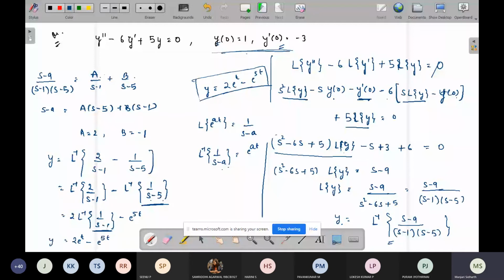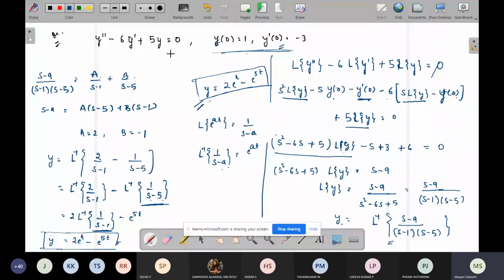See, the auxiliary equation method and this, both are the same. So this is the simplest example of Laplace transforms. First, you should know the Laplace transforms of functions. You should know how to do partial fractions and then the inverse Laplace transform. So there are three main steps. First, take the Laplace transform of the equation on both sides.